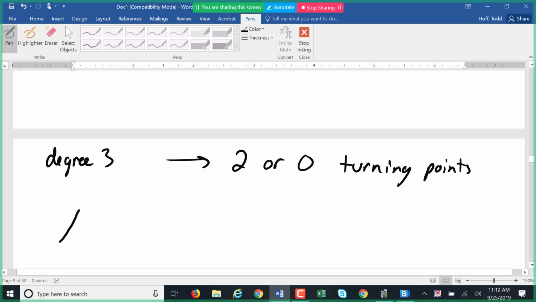So either it comes like that, where there's 2 turning points, or it doesn't quite get a turning point, like that.